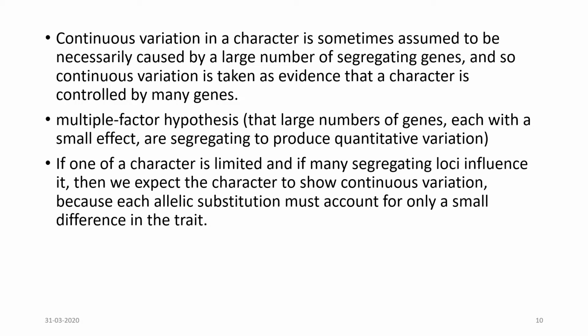That is the multiple factor hypothesis: a large number of genes, each with a small effect, are segregating to produce a quantitative variation. If a character is influenced by many segregating loci, then we expect the character to show continuous variation because each allelic substitution accounts for small differences in the trait.